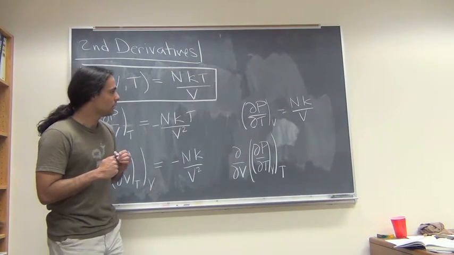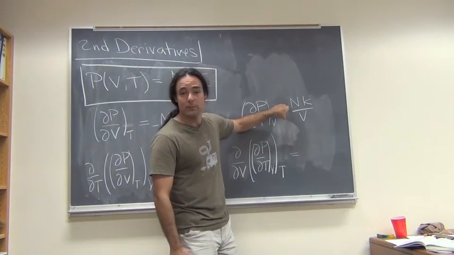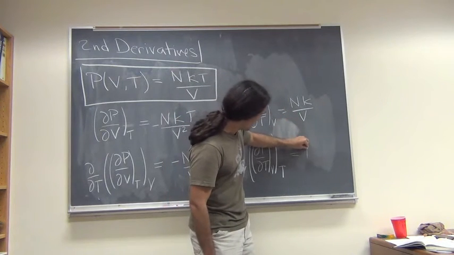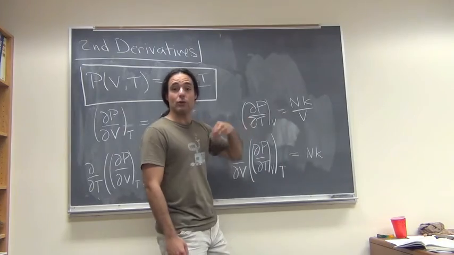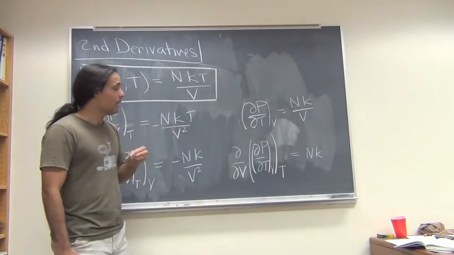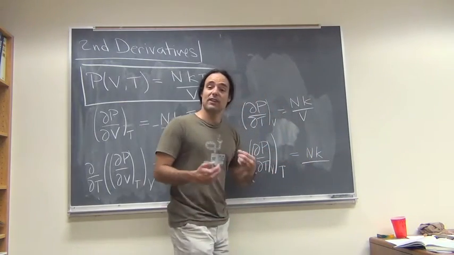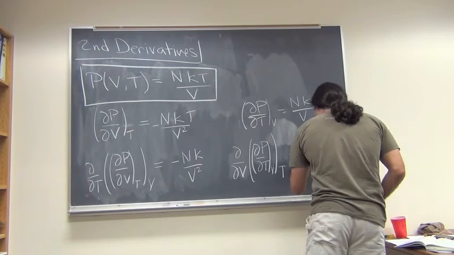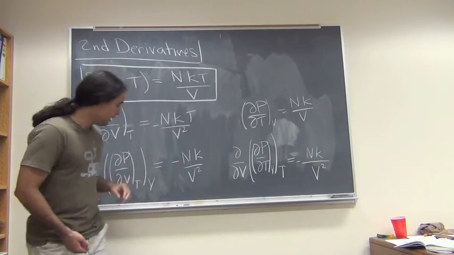Well now, let's see. I'm taking a derivative of this with respect to V. n, k, those are constants, so they're just going along for the ride. The V is not a constant. I'm taking a derivative of 1 over V. So I should get, the derivative of 1 over V is 1 over V squared times negative 1, so that should be 1 over V squared times negative 1.